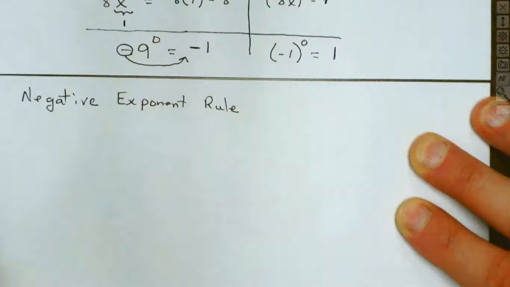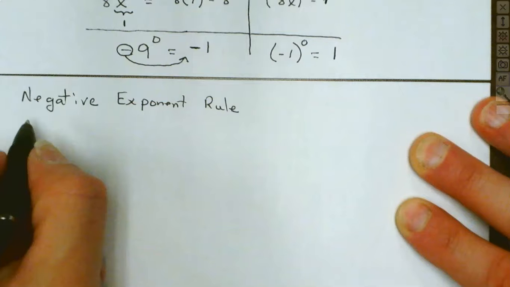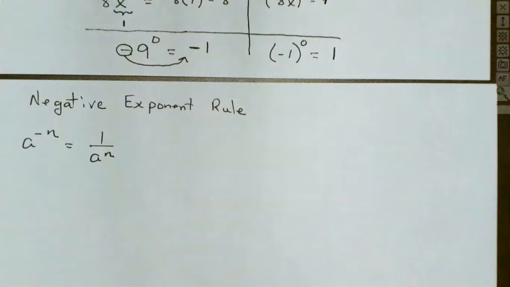Now for the negative exponent rule, whenever we have a negative exponent, we can express that as a fraction. So that's our negative exponent rule.